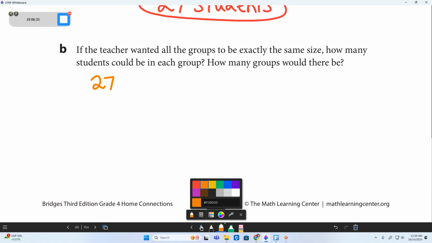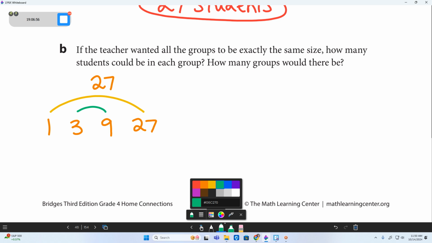I think this is sort of a factor question. What times what equals 27? We've got 1 times 27. 2 doesn't work. Ooh, 3 works. 3 times 9. All right, so here's our factor rainbow. And I doubt you're going to have 1 kid in a group because that's not really a group.